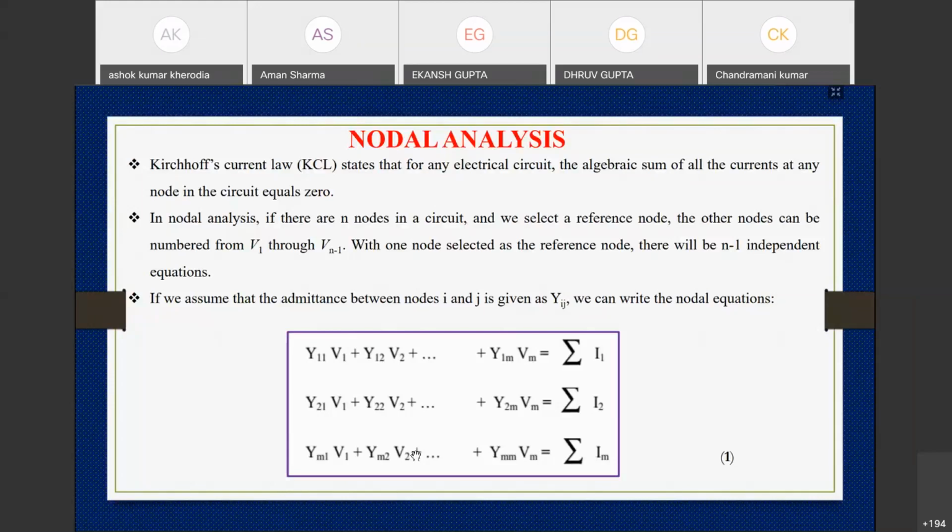If we assume that the admittance between nodes i and j is given as Yij, we can write the nodal equation as Y11 V1 plus Y12 V2 plus so on, equal to current I1. Similarly, for the second node, Y21 V1 plus Y22 V2 plus so on. So this will be the basic equation in terms of admittance, that is admittance multiplied by voltage, that is your current. Okay.